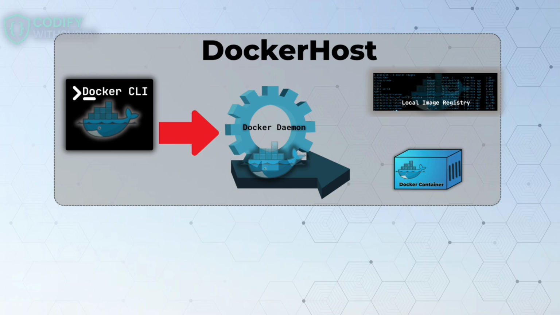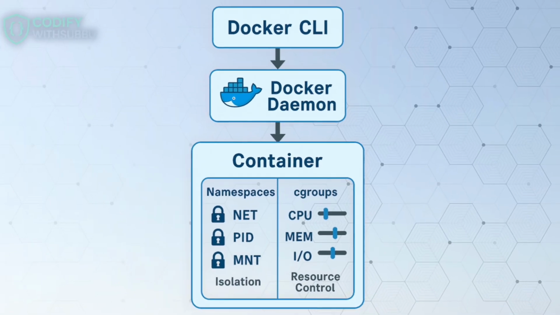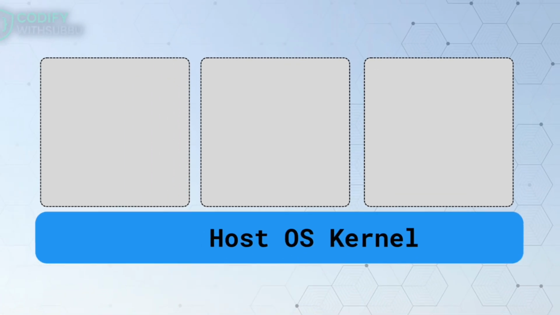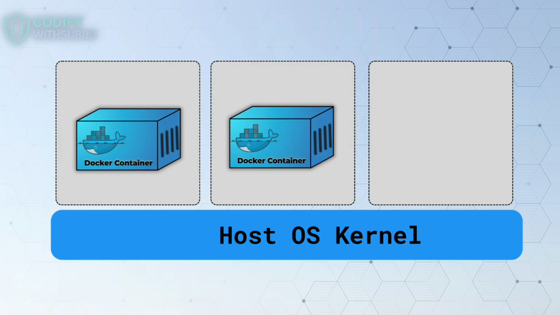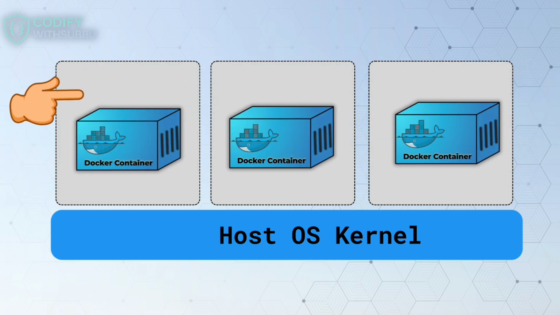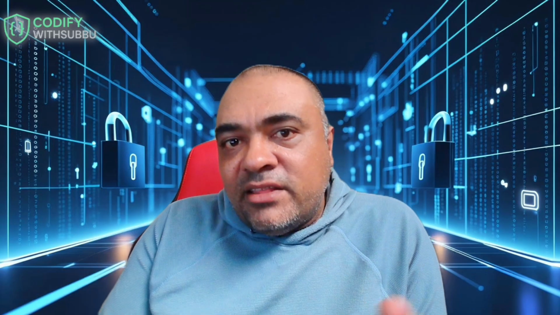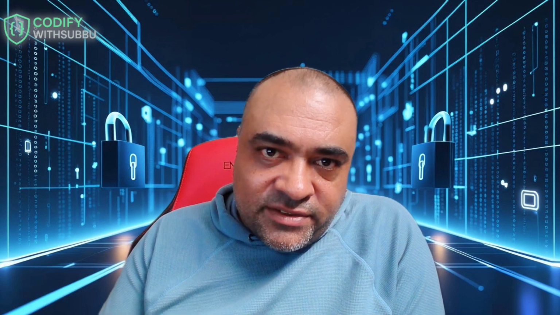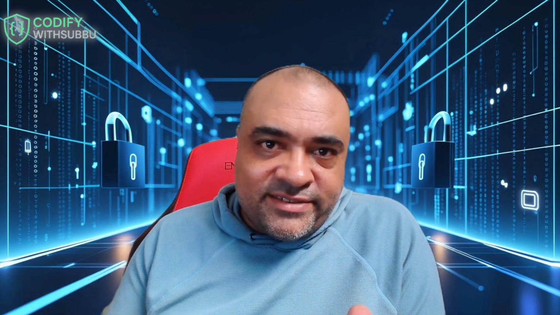Underneath all of this, Docker relies on Linux kernel features like namespaces for isolation and cgroups to control resource usage. Each container gets its own isolated environment, but they all share the host OS kernel. In a nutshell, the CLI talks, the daemon listens, and gets all the things done.